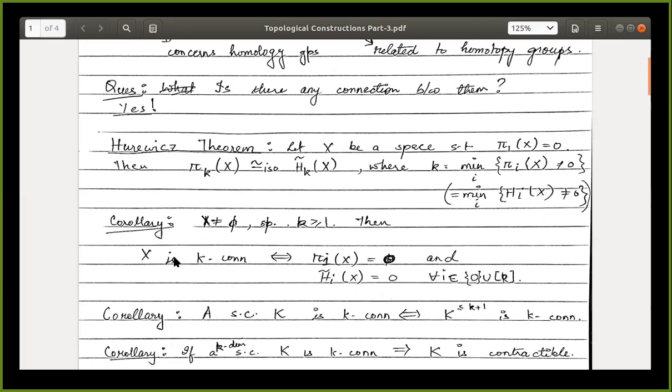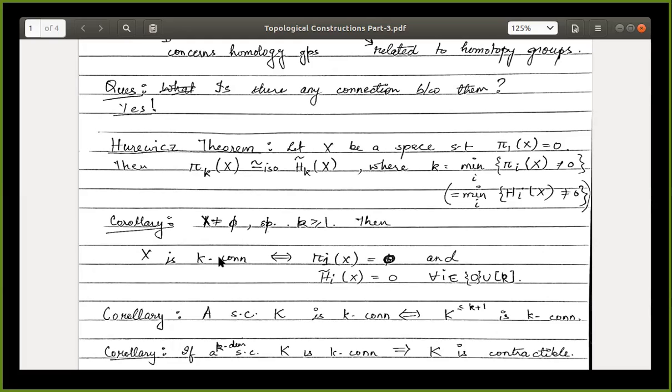So a space is k-connected if and only if its fundamental group vanishes and all its homology up till dimension k vanishes. This is one way you can try to show that your space is k-connected.